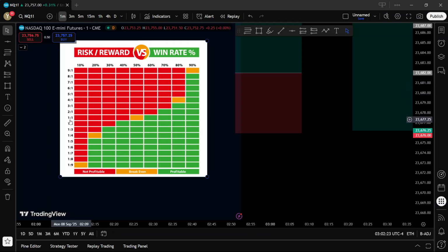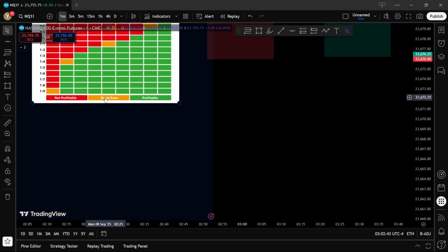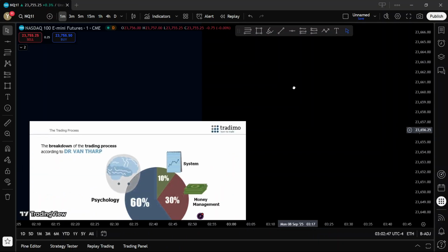What I like to trade is a 1-to-1 risk to reward, and I have a 90% win rate. So obviously I'm right here in the green, profitable. But you can trade all these risk to rewards based upon what type of strategy you like. And you can see the risk reward versus the win rate, and whether you're profitable, not profitable, or break even.